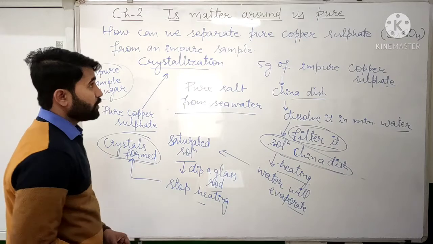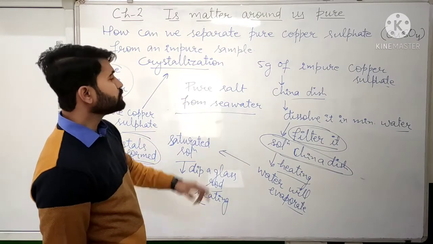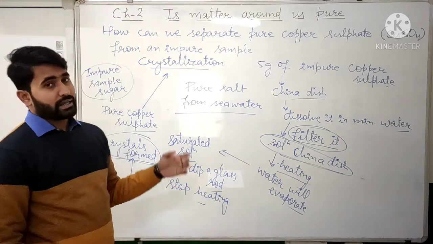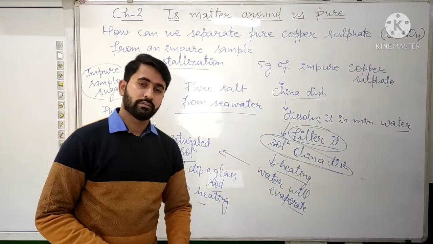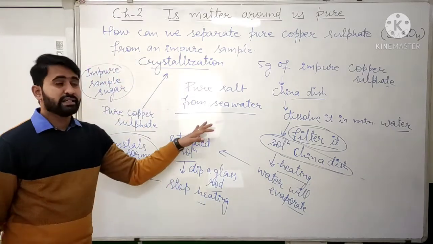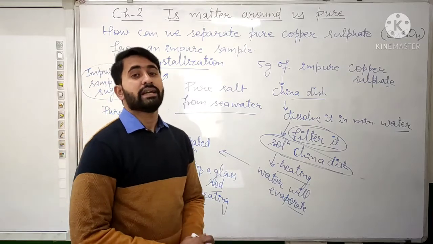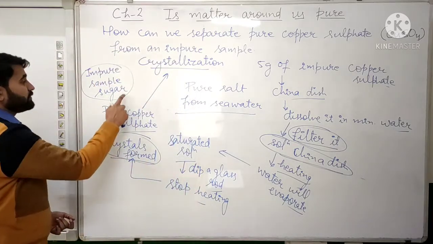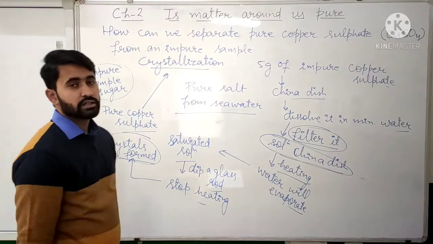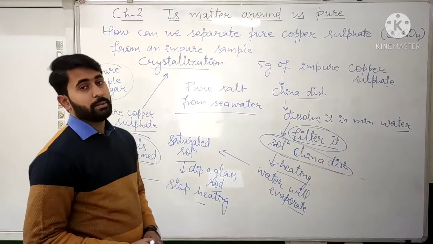Now we can obtain the pure salt from seawater by evaporation also, but what will happen? There will be many impurities in that salt. If we do the same with the sugar, then also some impurities may be left.